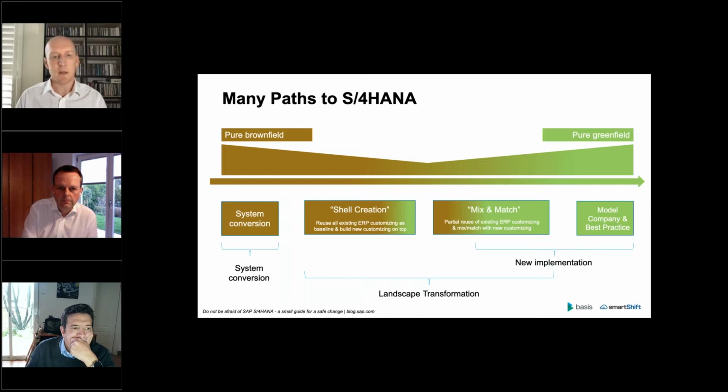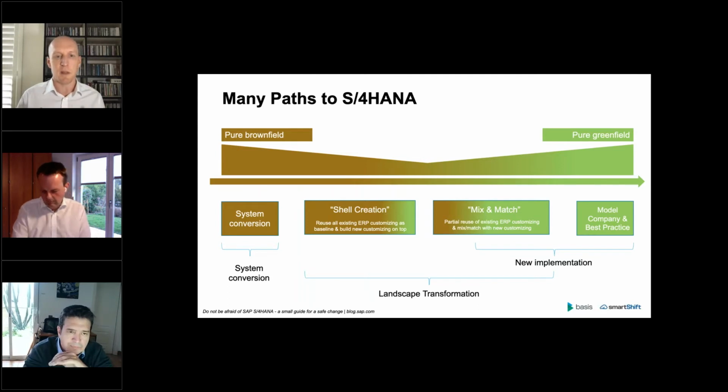And David, what about for the Basis Technologies customers we work with? I think similar kinds of companies to our colleagues at smartShift there. Are you seeing a similar kind of dynamic? Yeah, I think we're both targeting the larger enterprise end of the SAP market. Maybe picking up slightly.